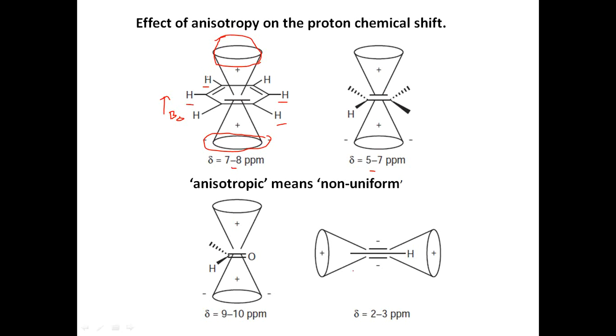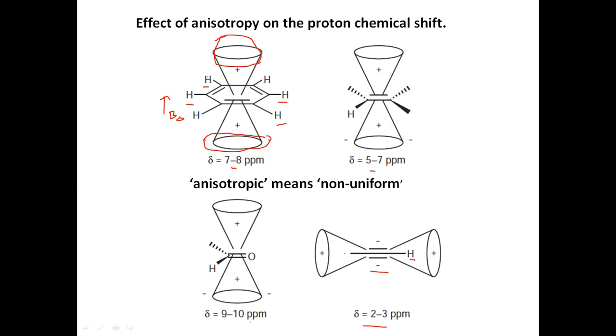But if you take an alkyne molecule, where the proton is in the electronic cloud of this particular group, this proton here is shielded. Because it is shielded, it shows an upfield shift. The chemical shift value has gone upfield.